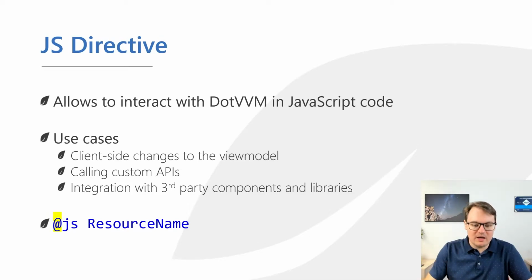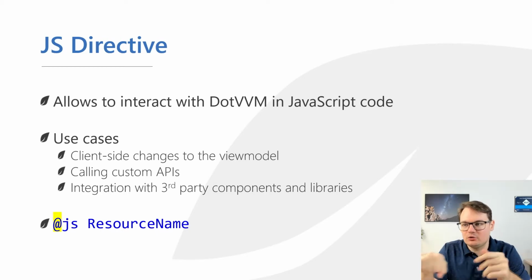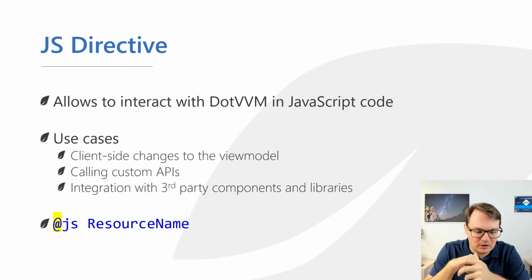So basically, JS directives allow you to import a JavaScript module in the page and communicate between the JavaScript and .vvm parts in both ways. For example, you can change the view model from the client side. There is a JavaScript API you can use to manipulate the view model. You can also call any custom API, which is also a very frequent scenario.